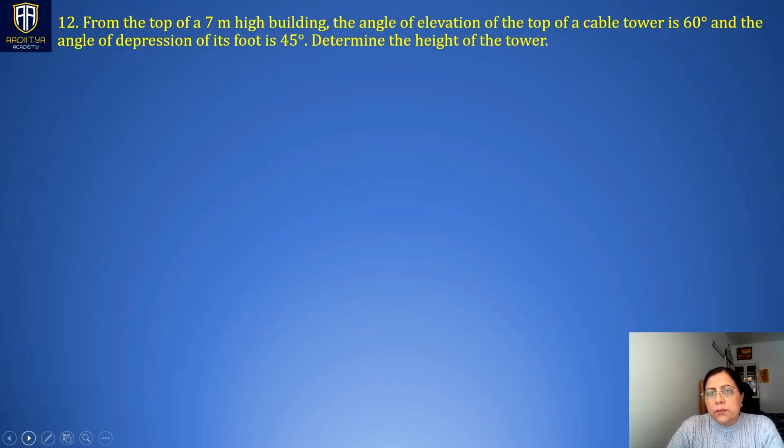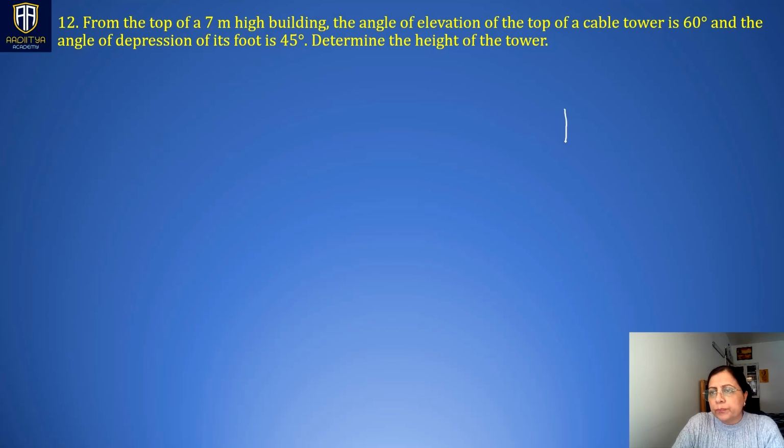Next question is, from the top of a 7-meter high building, the angle of elevation of the top of a cable tower is 60 degrees and the angle of depression of its foot is 45 degrees. And this is different from rest of the questions.